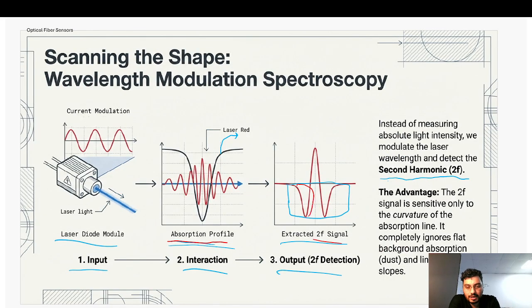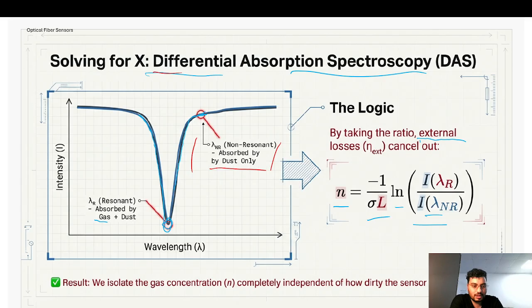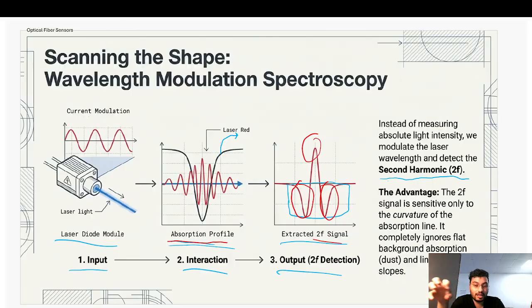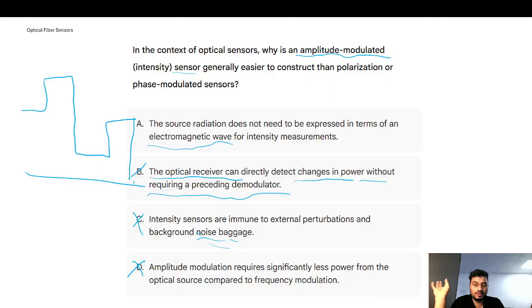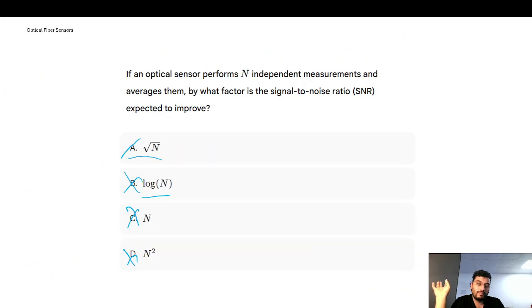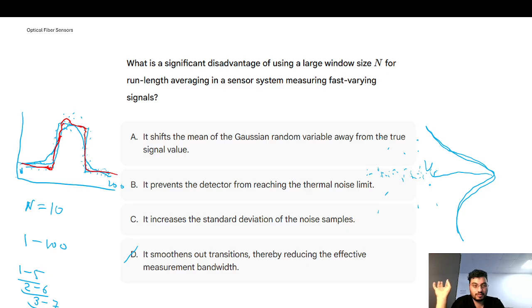In this region there will be a dust particle also blocking the light, so we need to use the gas signal, which you can see here, this part where the resonance wavelength or intensity is useful. To extract that information we need to use this second harmonic detection, to avoid the dust particle and to just focus on the signal absorbed by gas.